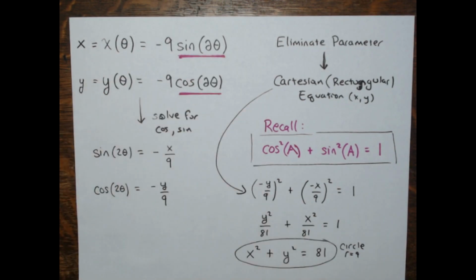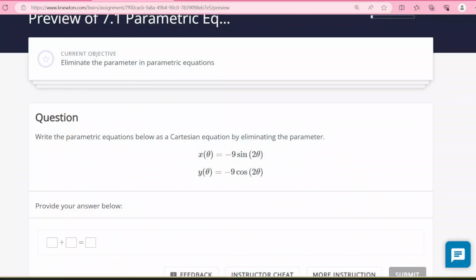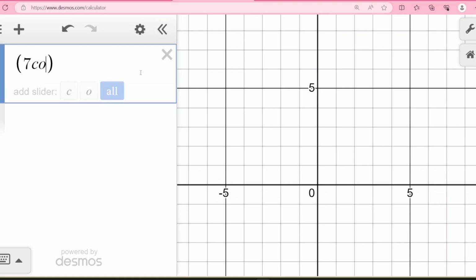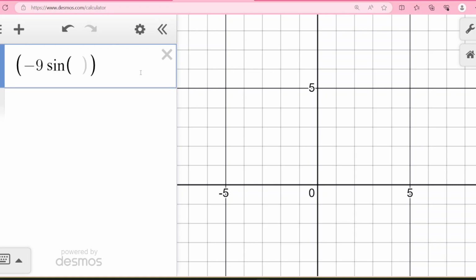And we can see that when we go to our parametrics. Now when you're doing parametrics in Desmos, you've got to enter t instead of theta here. So my x coordinate was negative 9 times the sine of, now it was 2 theta in the problem, but I'm going to say 2t here.